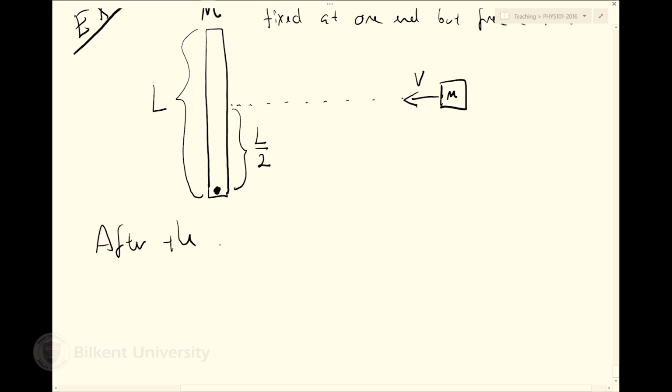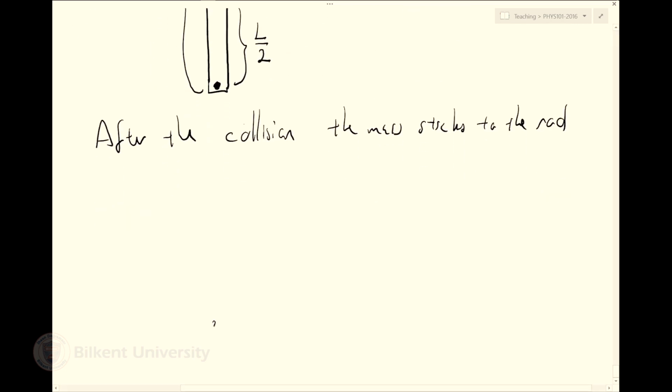After the collision, the mass sticks to the rod. So if this mass sticks to the rod, what will the system do?